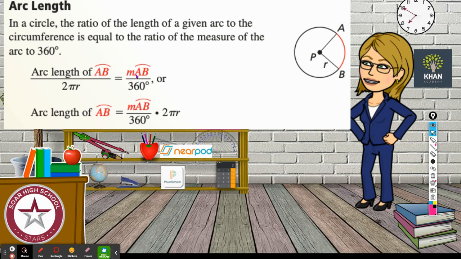And I'm sorry, that's not the arc length. This one means the measure of. So whatever angle this is, so if this was 70 degrees, then this would be 70 up here. Or you can write it like this, that the length of the arc equals the measure of the arc, the degree of the arc divided by 360 times 2 pi times the radius.